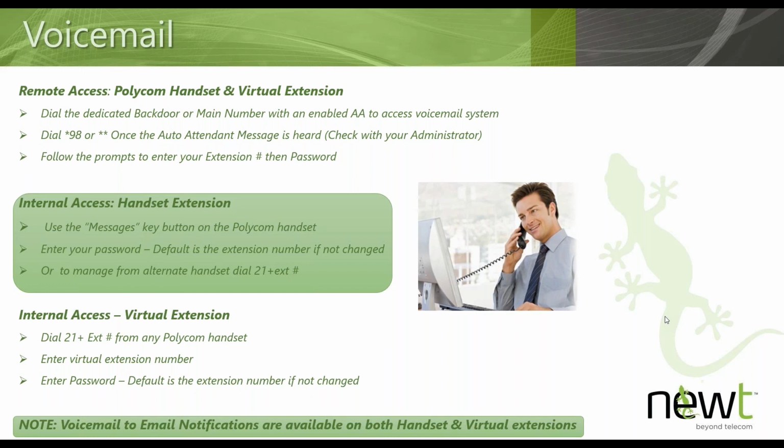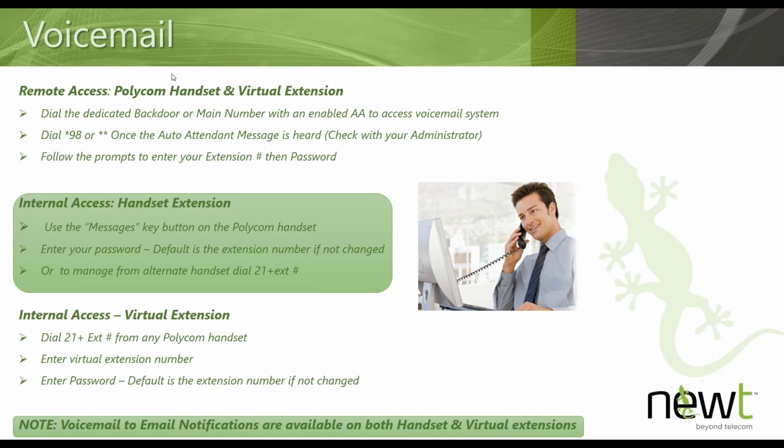First and foremost, if you're an end user of the phone and you need to access your voicemail, obviously you can do that through voicemail to email that we already explored. Secondly, you can access it remotely. The top one here.